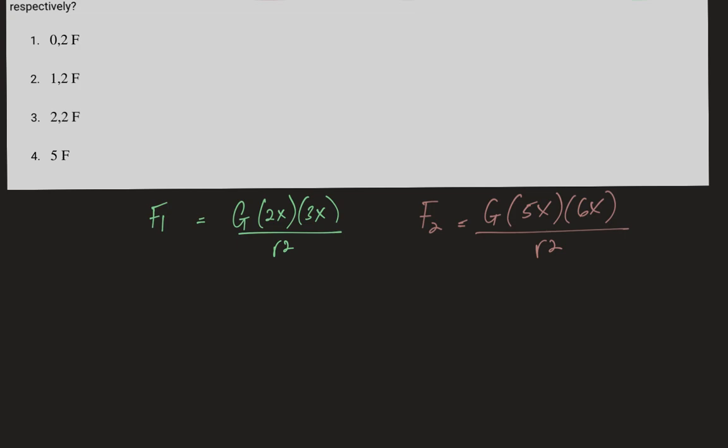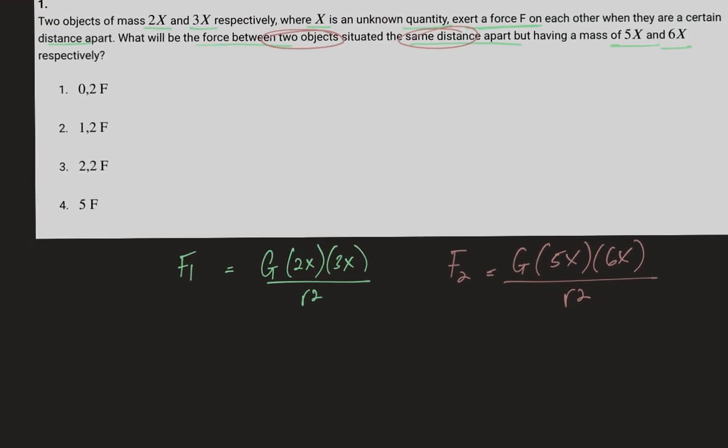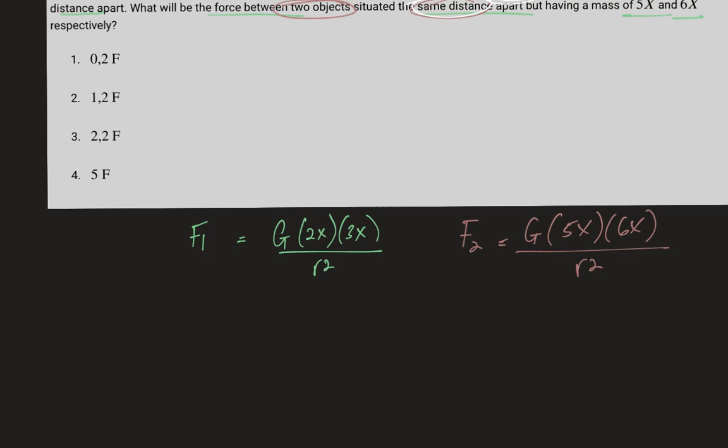So we can say now, I can transform these two things. We want to know if they're the same distance apart. We want to know what's happening with their forces, right? So the first thing I'm going to do is make the radius the subject of the formula.